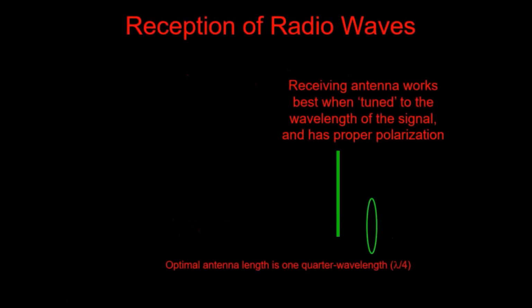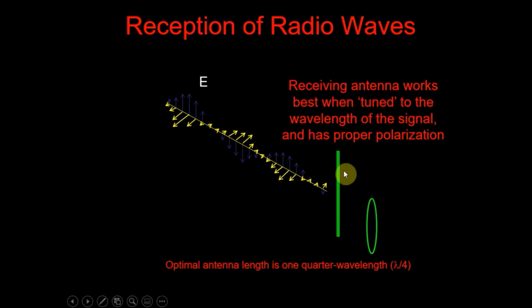Now, when we tune a radio, what we're essentially doing is jiggling our electrons in this antenna at the proper wavelength. So when we tune to the wavelength of the signal, we give them a specific polarization, a specific susceptibility to be jiggled at a specific frequency.